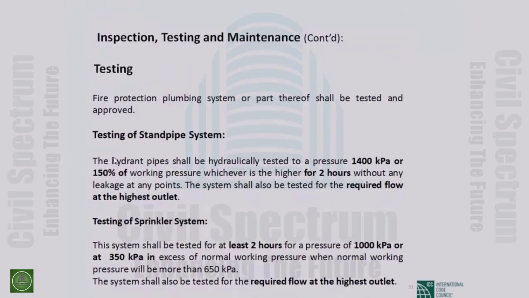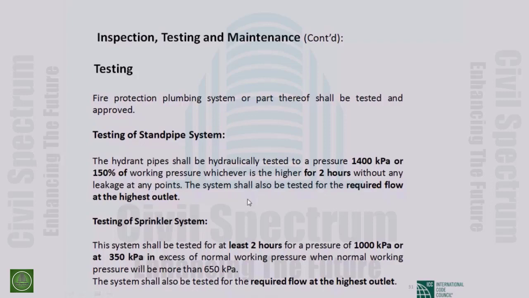So for testing, the fire protection plumbing system or part thereof shall be tested and approved. So you need some approval from some authority. Testing the system: the hydrant pipe shall be hydraulically tested at a pressure of 1400 kilopascal or 150% of working pressure, whichever is higher, for 2 hours without any leakage at any point.